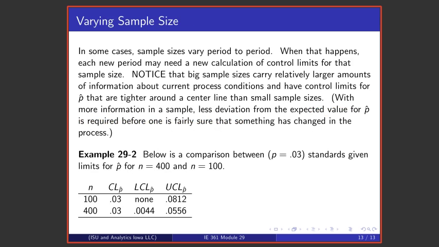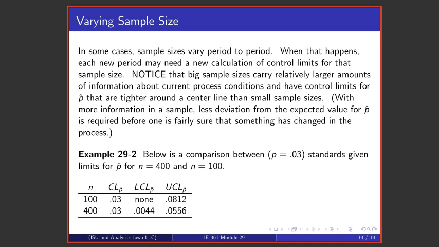Sometimes sample sizes vary. The control limits for p-hat and x depend upon the sample size, and basically one needs to recalculate control limits if the sample sizes change.